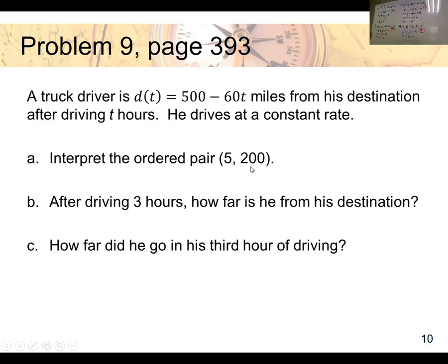But they're just asking for an interpretation, meaning this. After driving 5 hours, the truck driver is 200 miles from his destination.